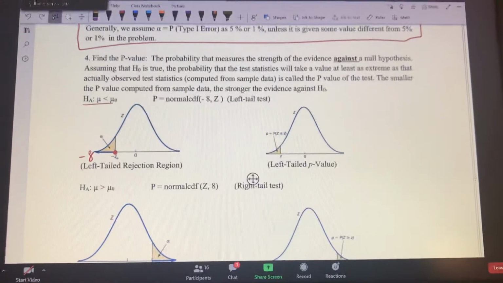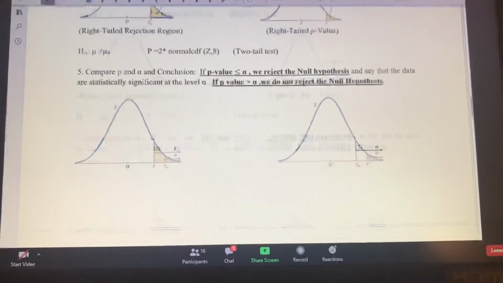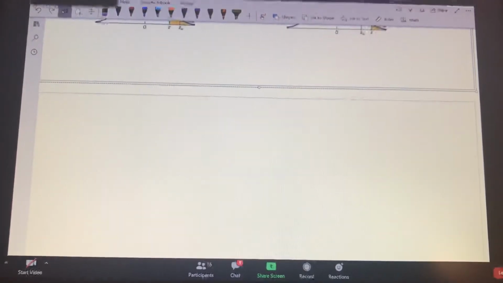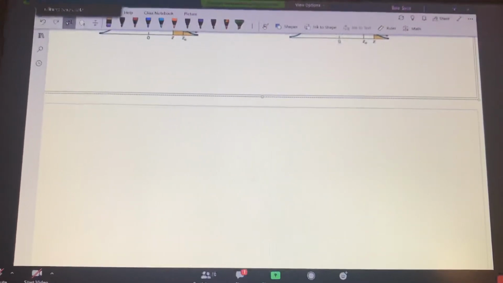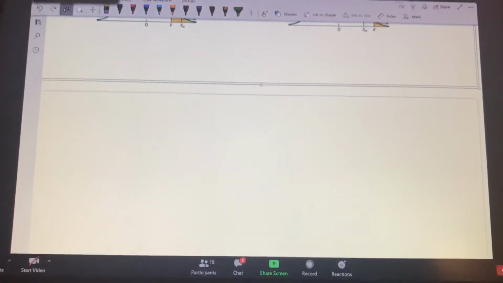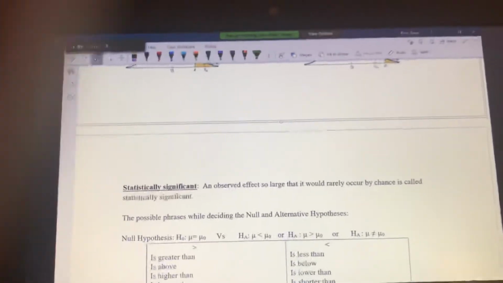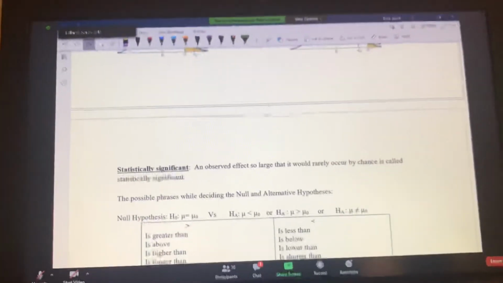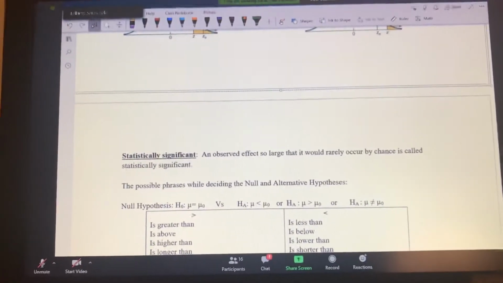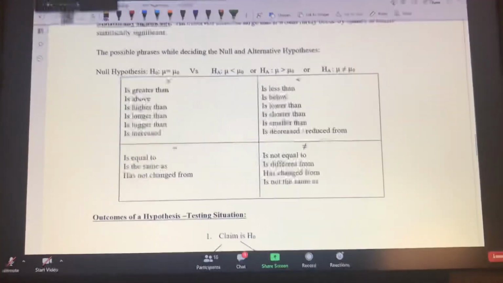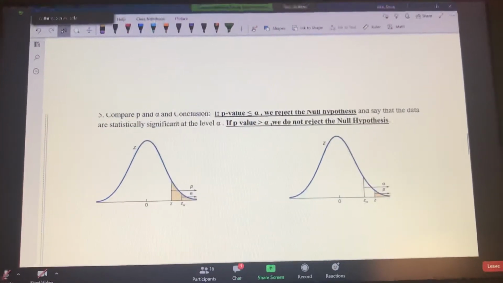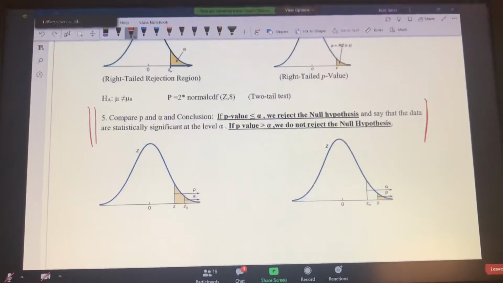And so the conclusion is coming here. The p-value, the probability value that my z-score is giving, is going to be compared with the alpha. If the p-value is less than or equal to alpha, I am going to reject my null hypothesis.